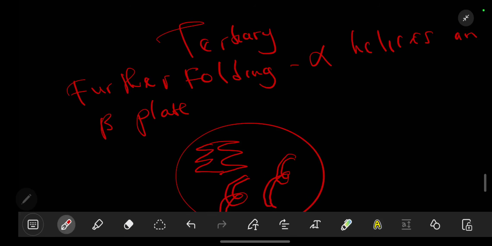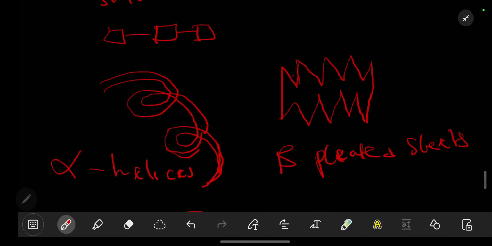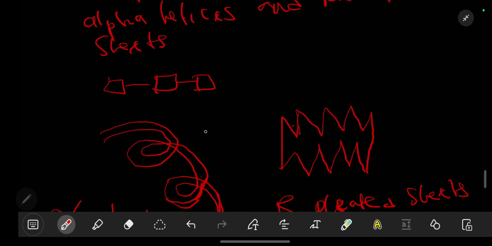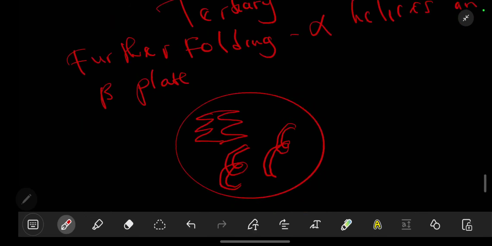So there is further folding to produce more structures, which leads to the creation of the tertiary structure. One thing that you must know about secondary structures is that they are held together by hydrogen bonds.